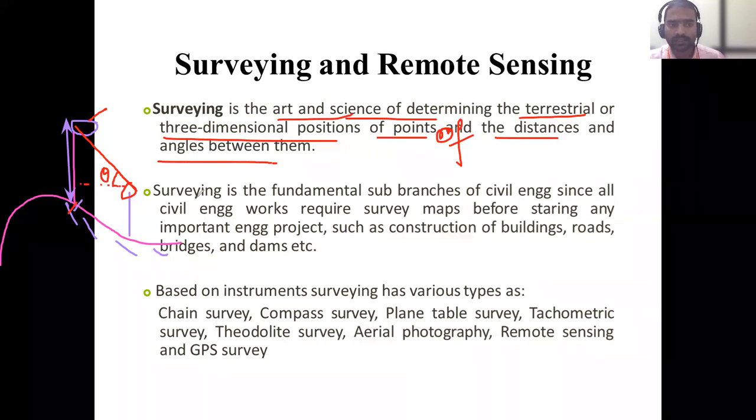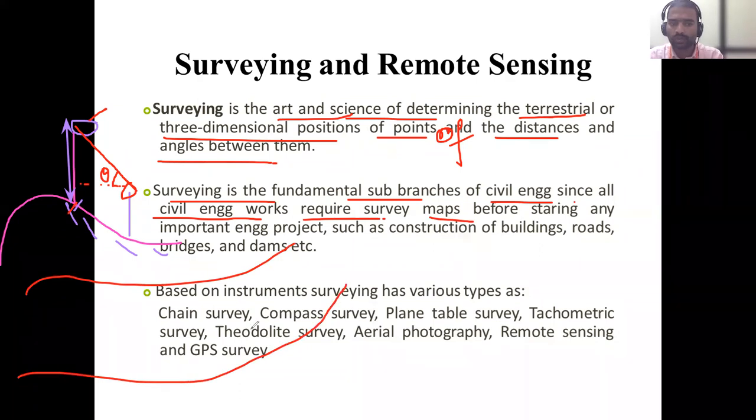Okay. Again, how to do the surveying? Surveying is a fundamental sub-branch of civil engineering since all the civil engineering works require surveying map. See, whenever you want to construct any highway work, so see, there is a road. Initially, I say road है. So इसका height कितना है? Means where I want to construct, where I need to remove. Plane है क्या road?